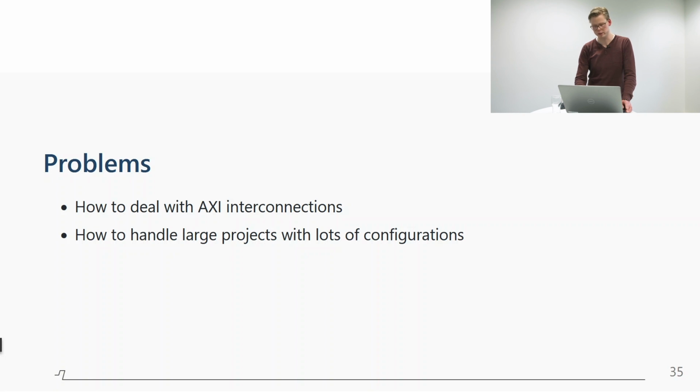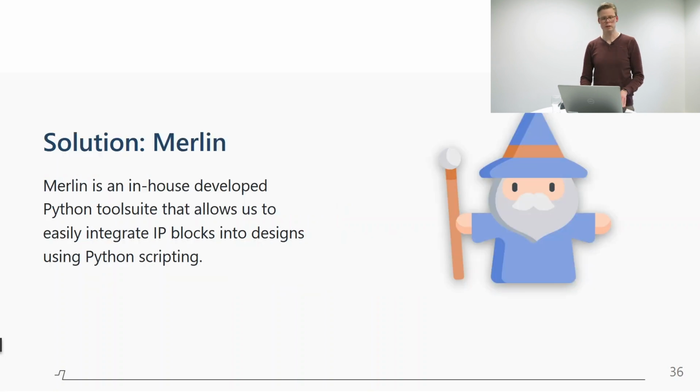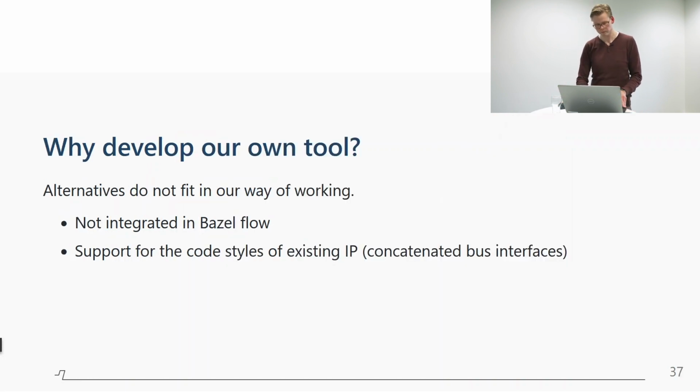In order to tackle this, we also provide a solution. We created our own internal tool called Merlin. This is an in-house developed Python tool suite, which allows us to easily integrate all those IP blocks using Python scripting. You might wonder why we chose to develop our own tool, because there are some alternatives.